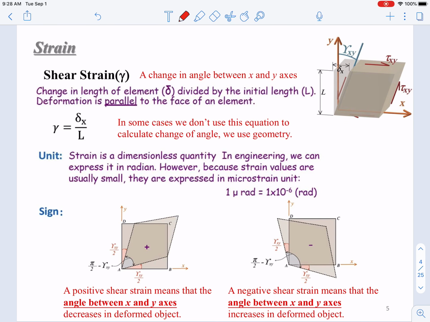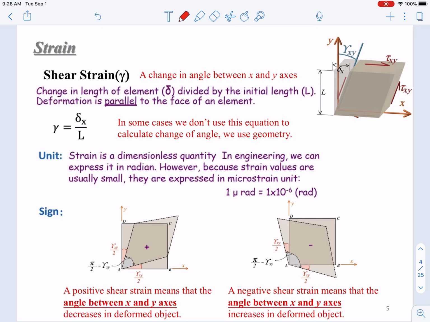This is very confusing. Actually the shear strain is a measure of a change in angle between x and y axis. So the shear strain is an angle, it's not just becoming longer or shorter. It's a change in angle.